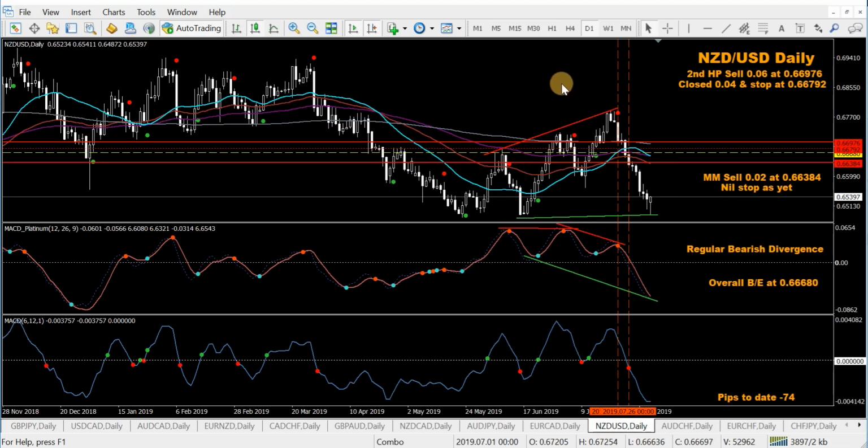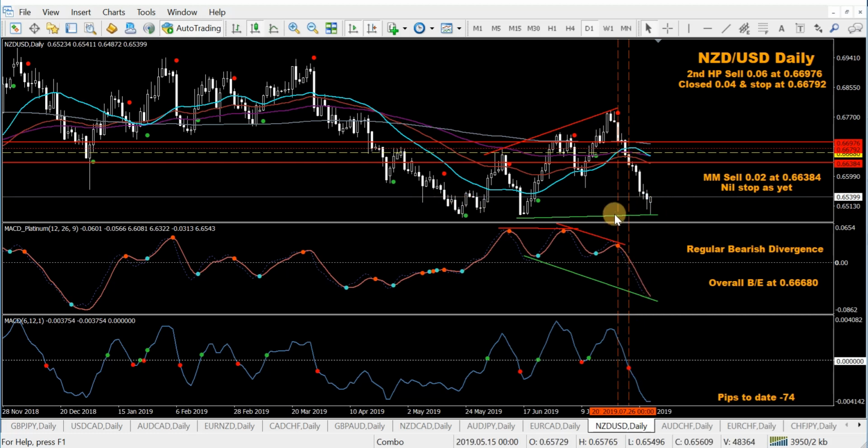And here's the New Zealand USD Kiwi. Again, it's another one of these 0.6 trades. We're taking a sell on this one, hedge buy on that, and the second sell on this one. Close 0.04. I've got a stop in place below the entry level. There's my overall break-even level, and we took a Mod MACD sell also there, and I've drawn my lines in.